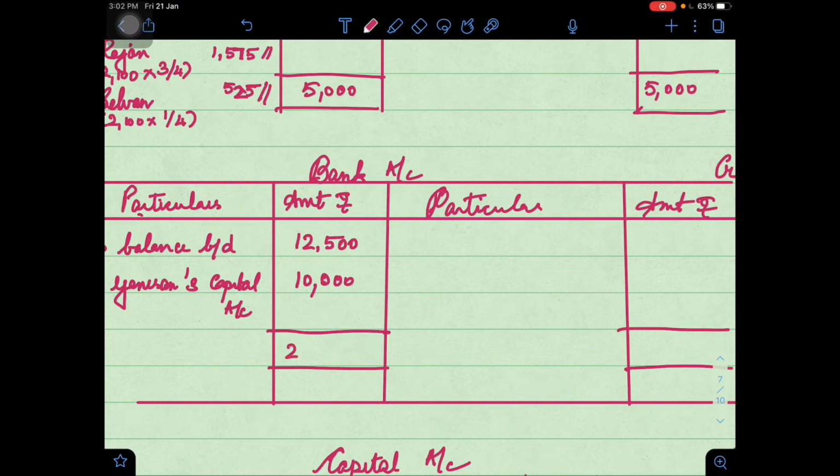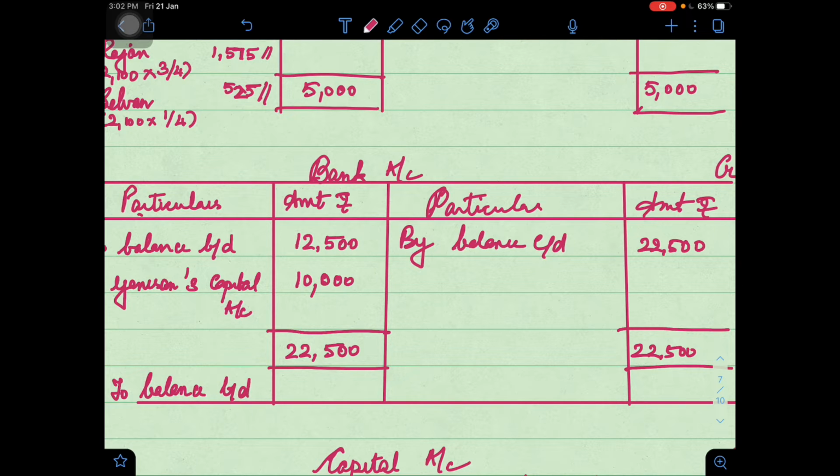This will be 22,500. That means the closing balance of the bank will be the same amount, as there is no other value on the credit side. That itself we show as to balance drawdown, 22,500. Hope you got it, students.